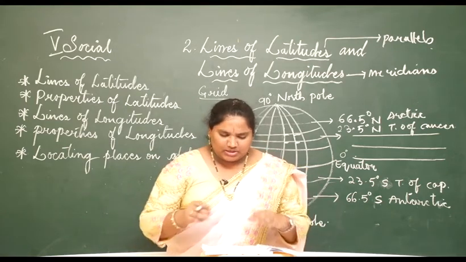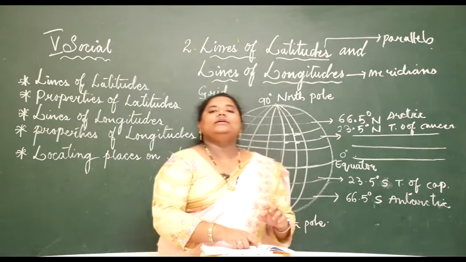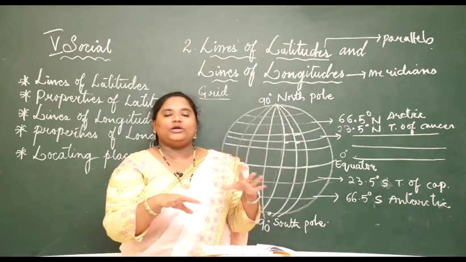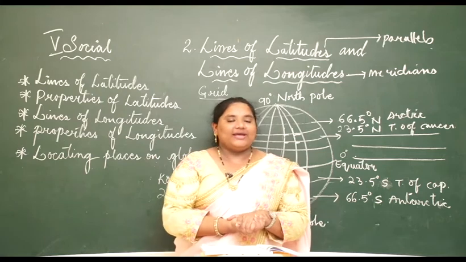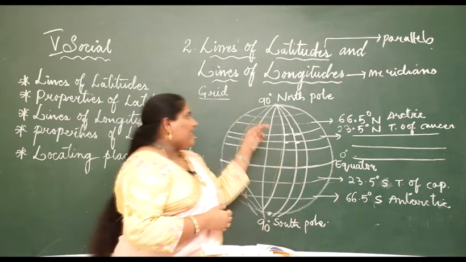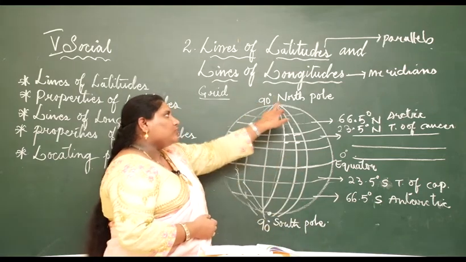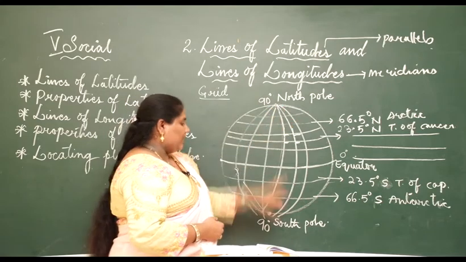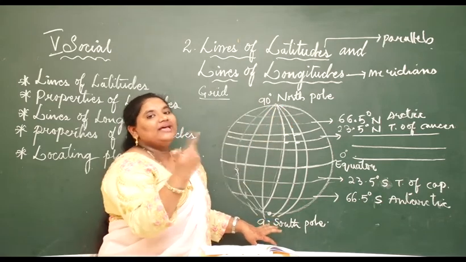Let's go through a recap. The earth does not have a top or a bottom, no start point or an end point. We have two points called the North Pole and the South Pole, and the earth rotates on an axis.